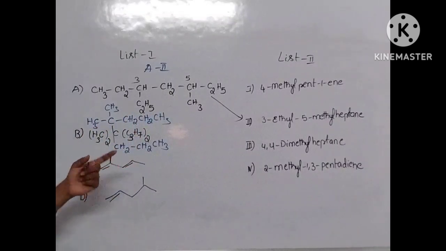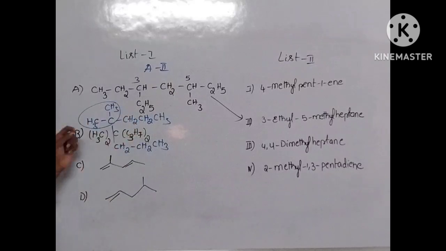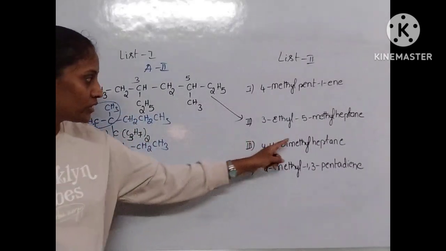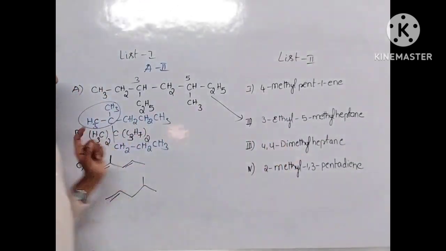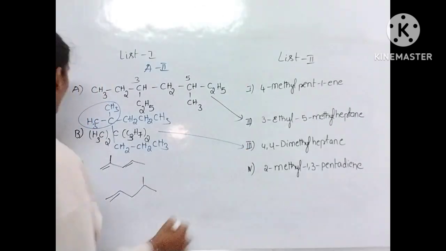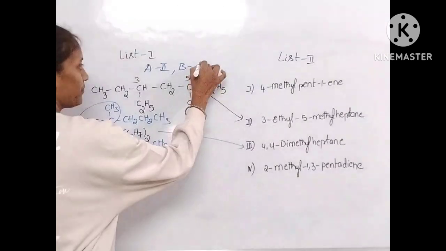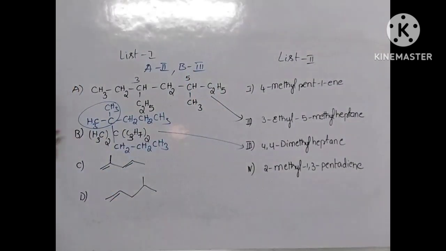At fourth place, 2 substituents are there. That means 4,4-dimethylheptane. So B is 3.